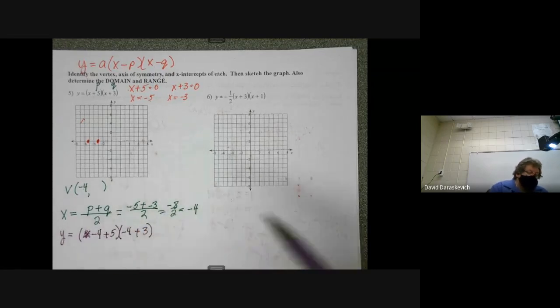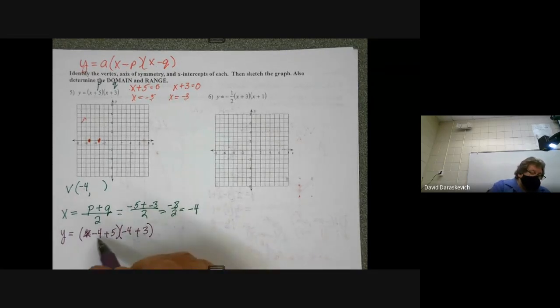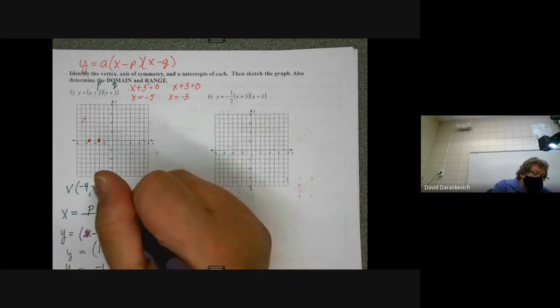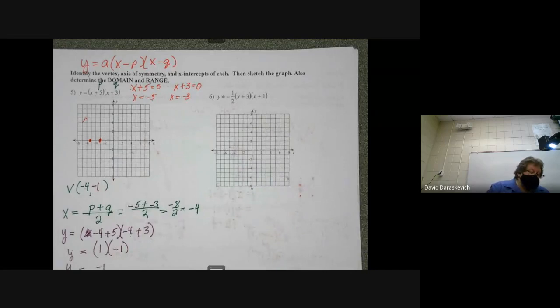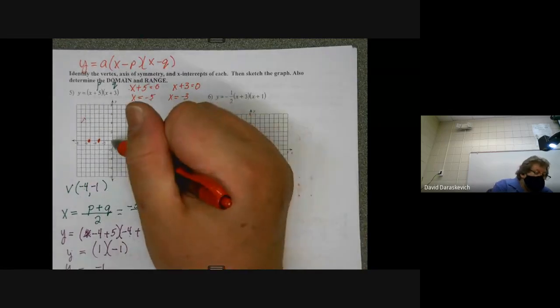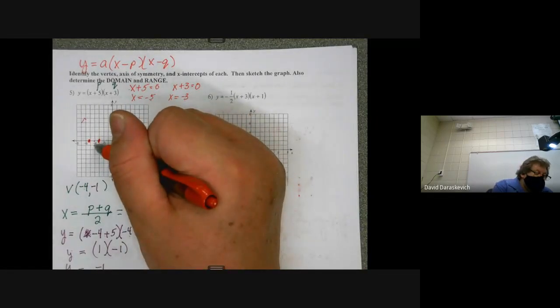So these have to be multiplied together. So -4 plus 5 is +1 times -4 plus 3 is -1. So my y is going to equal -1. There's my vertex, -4, -1.